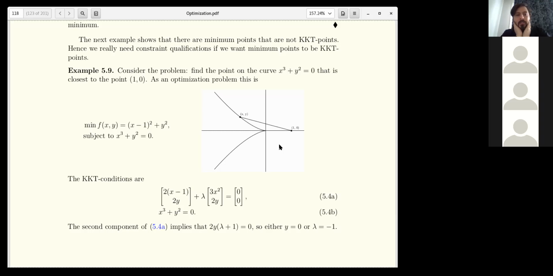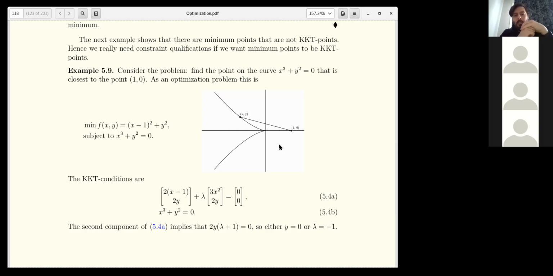And the gradient of the equality constraint is fairly easy to formulate: 3x squared and 2y. The gradient plus lambda times the gradient of the constraint should be equal to 0, and also x cubed plus y squared equal to 0 should be satisfied.